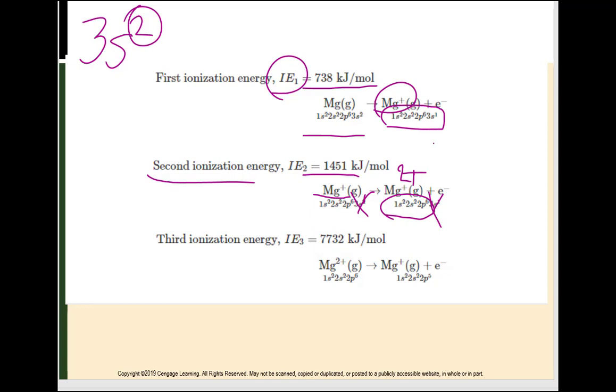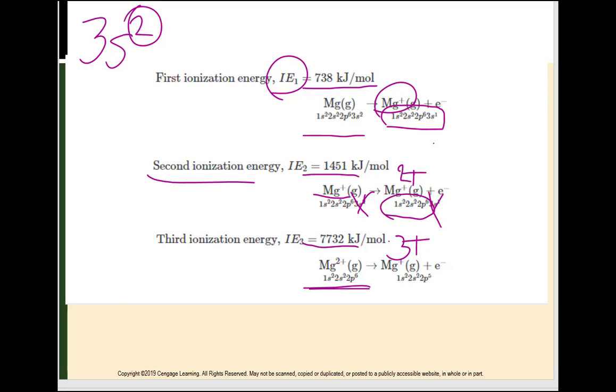Now when we have our Mg2+, that should be the atomic notation of the nearest noble gas, which is neon. If I wanted to remove that outermost electron to go from 1s2, 2s2, 2p6 down to 1s2, 2s2, 2p5, that would be Mg3+, because I'd be removing 3 electrons at that point.